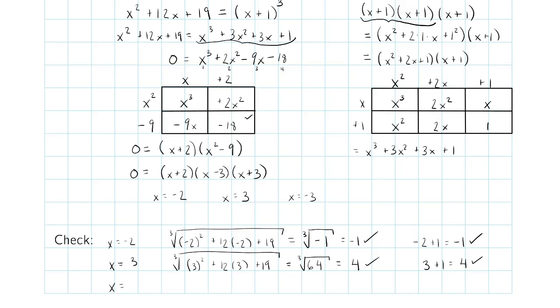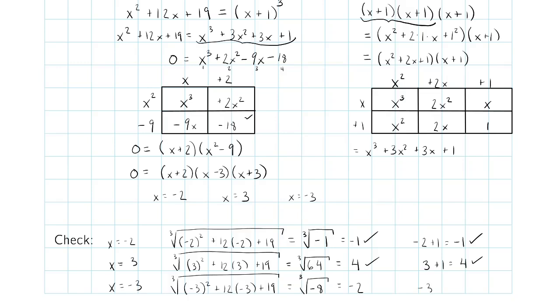Finally, for x equals negative 3, we'll have the third root of negative 3 squared plus 12 times negative 3 plus 19. And that works out to, plugging in everything inside the root, the third root of negative 8, which is negative 2.